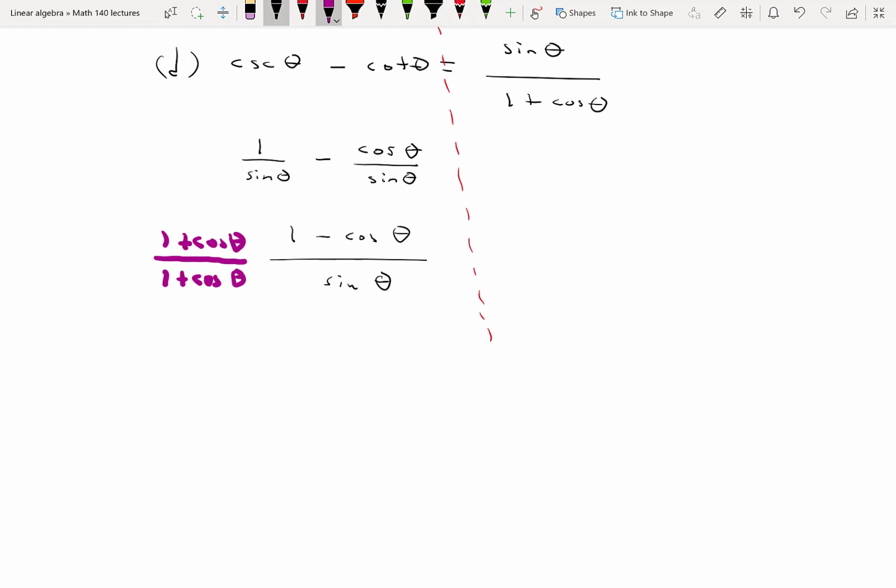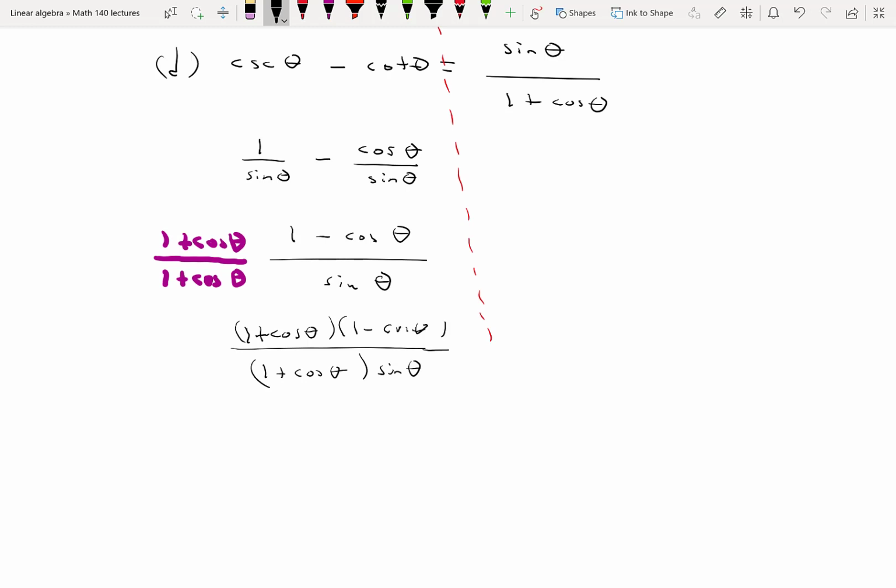That's just a fancy way of saying multiply by 1. Then see where it gets me. So in the denominator, I'm going to have 1 plus cosine theta times sine of theta. In the numerator, I'm going to have 1 plus cosine of theta times 1 minus cosine of theta.